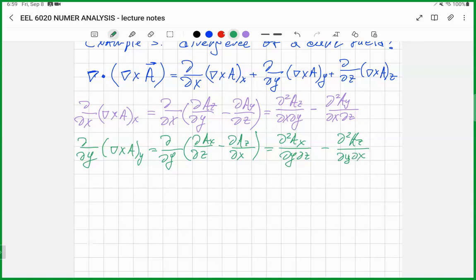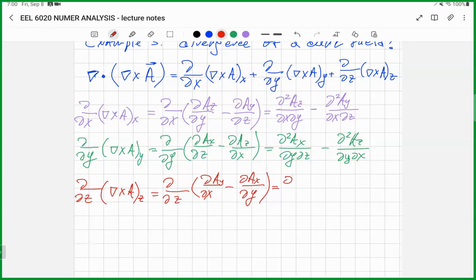And finally, for the last one, d over dz of the z component of the curl, I write d over dx of Ay minus d over dy of Ax, which gives d2Ay over dx dz minus d2Ax over dz dy.